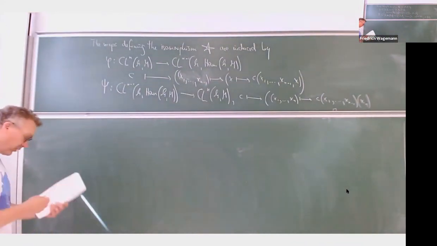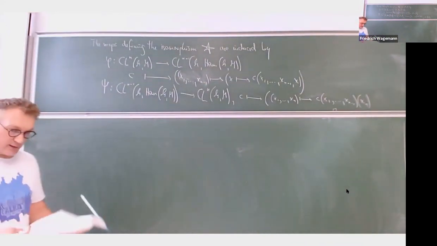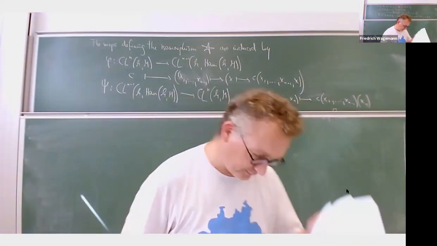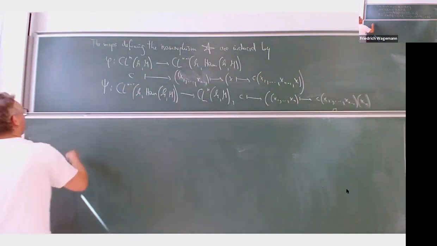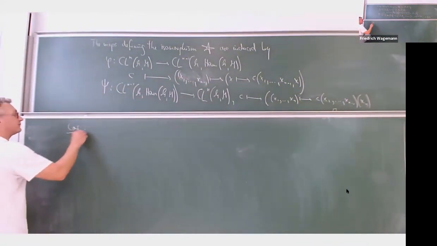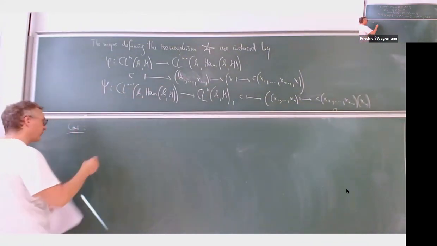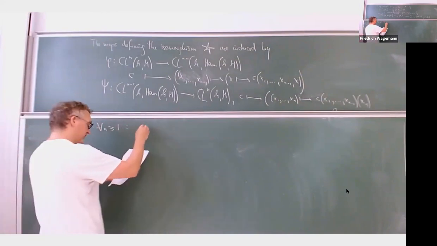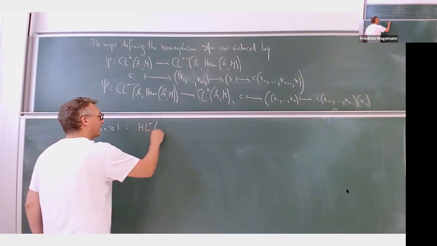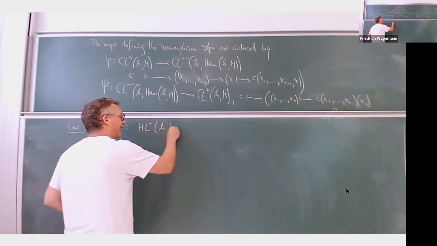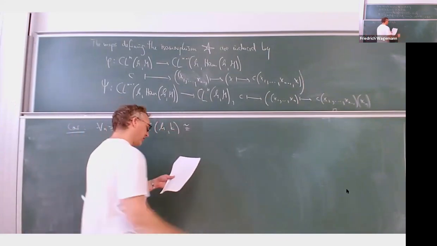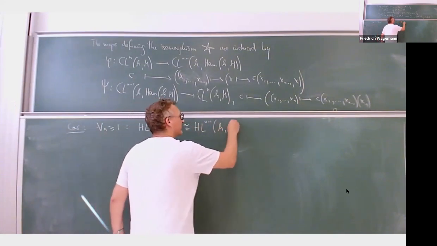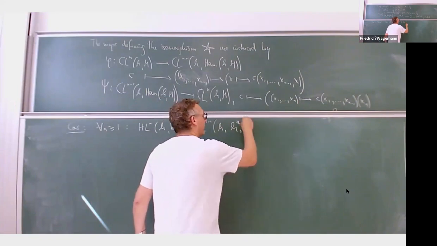As a corollary, which I didn't write down, we can do this, for example, for the trivial module. So HL^n(H, K) is isomorphic to HL^{n-1}(H, H^*).